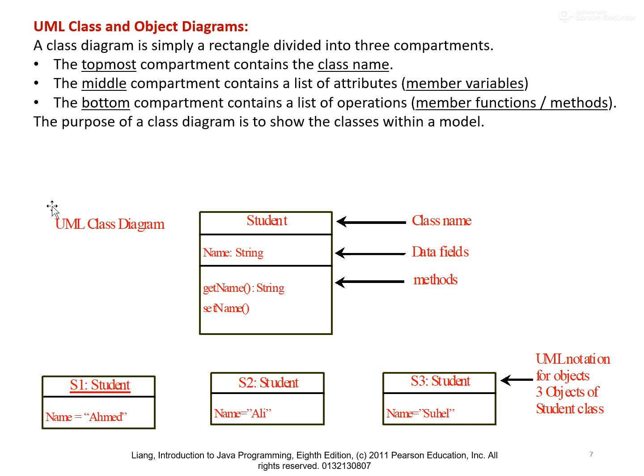This is the tabular box that you can see over here. Here's a description of what a UML class diagram looks like, and we'll be seeing a lot more UML class diagrams.